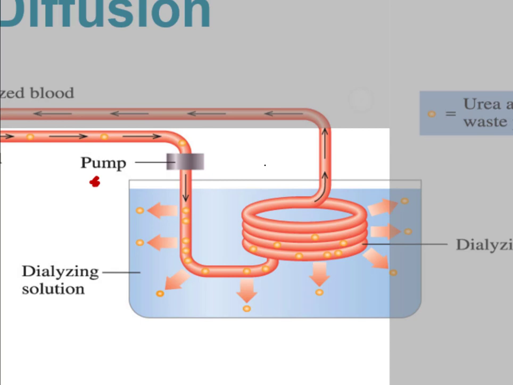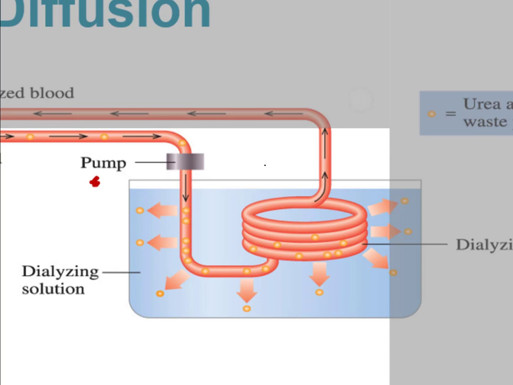So you can have fluids moving from high concentration to low concentration. Salt might come out, but maybe potassium moves in. Glucose might come out, or maybe glucose goes in. It really depends on the condition of your blood. So this dialyzing solution would be like the perfect blood, perfectly isotonic.